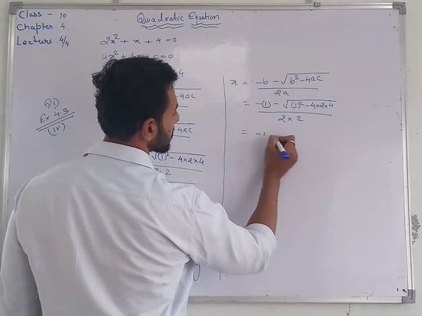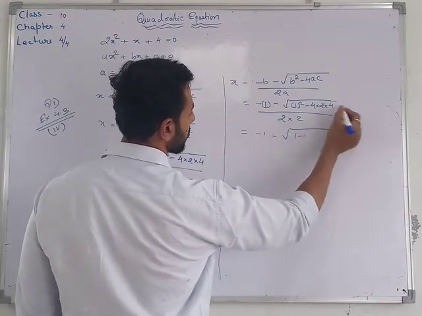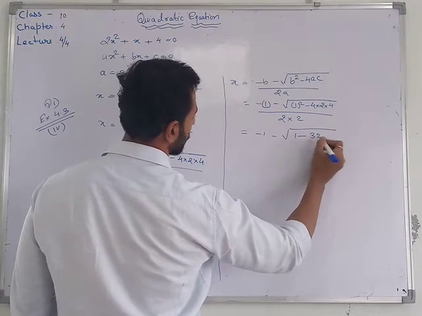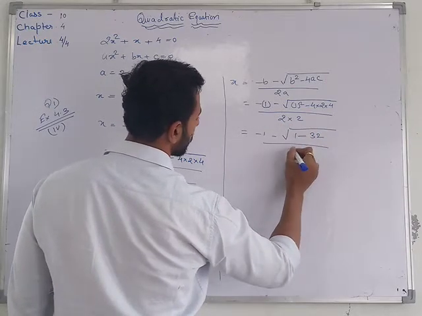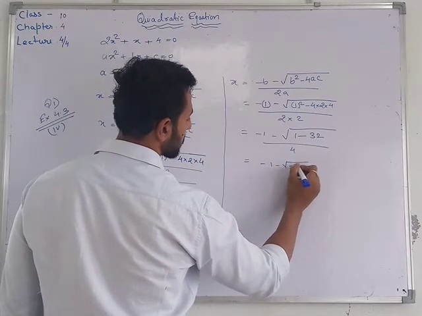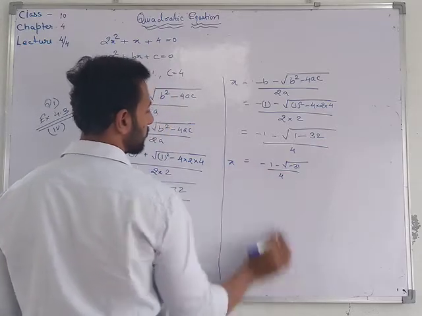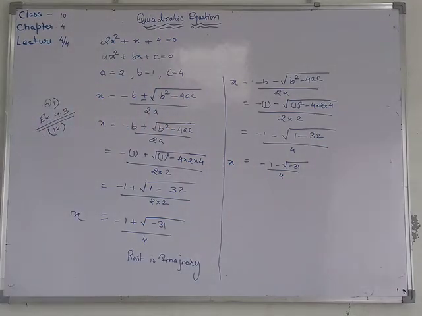So this will be minus 1 minus under root of 1 square, which is 1, minus 4 fours are 16, twos are 32, upon 4. So this will be minus 1 minus under root of minus 31 upon 4.